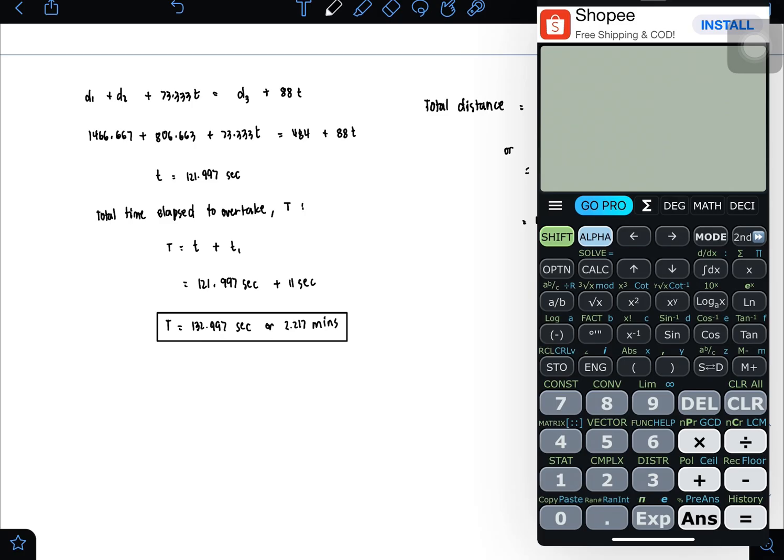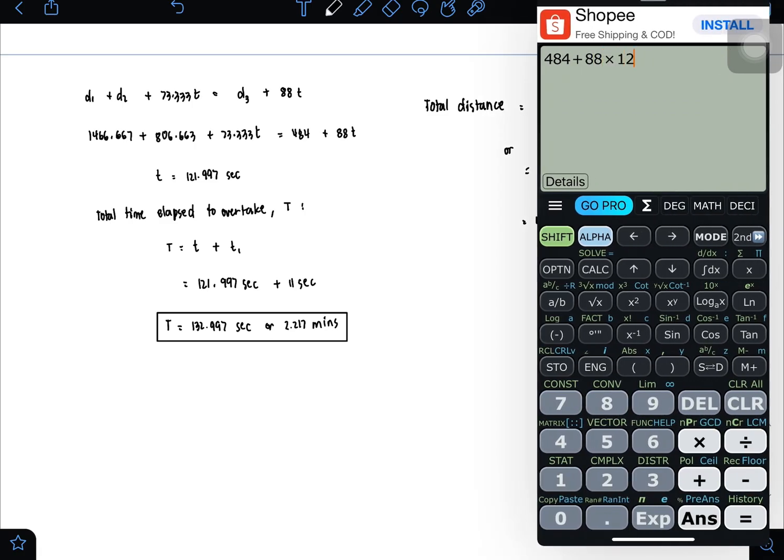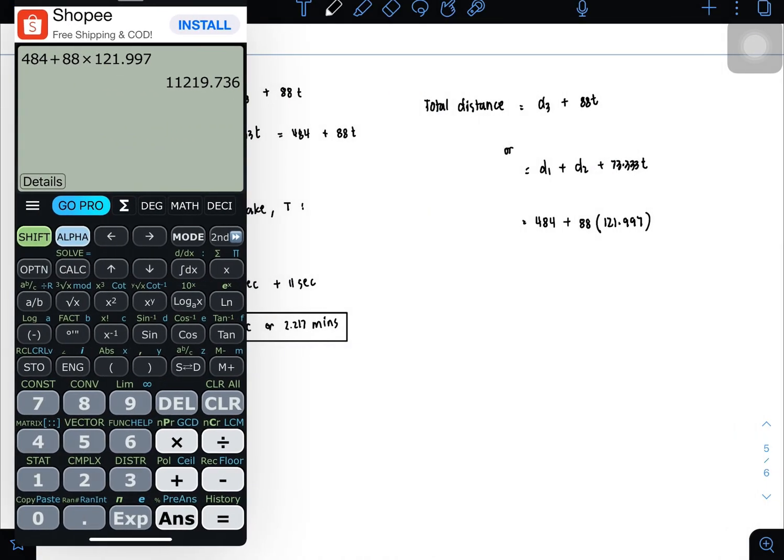That's 484 plus 88 times 121.997. That's the total distance, 11219.736 feet.